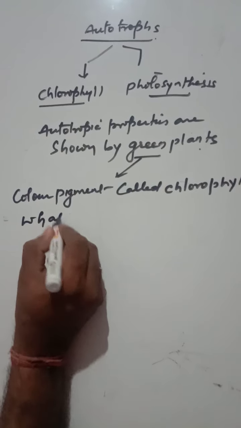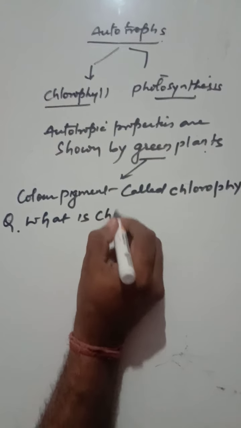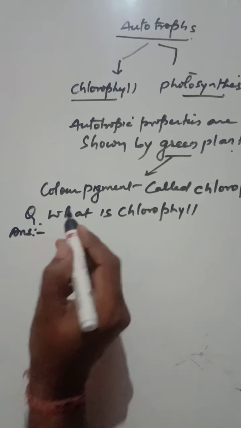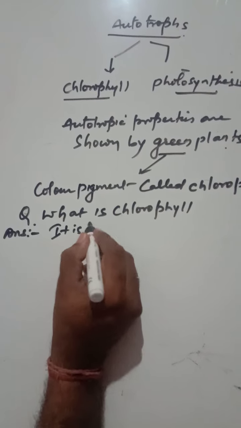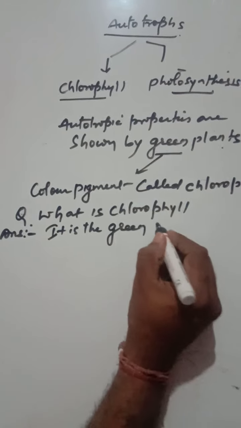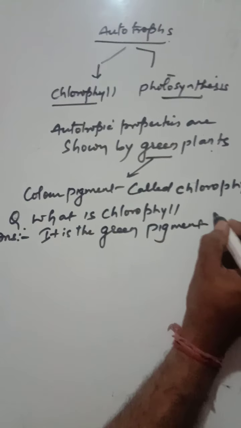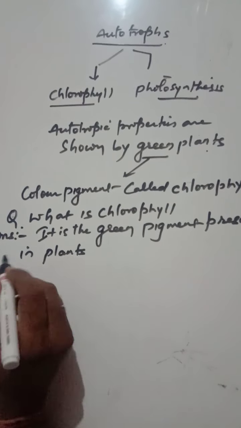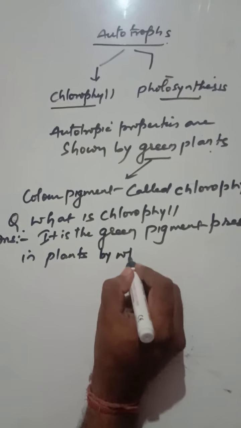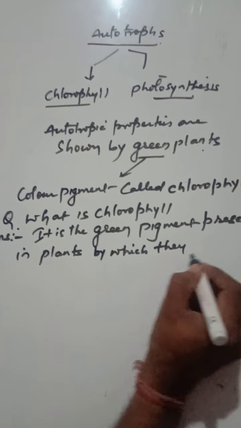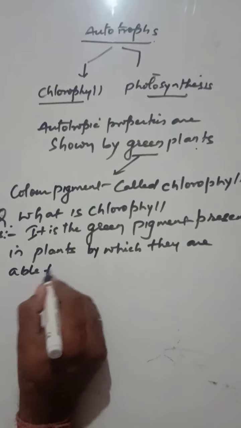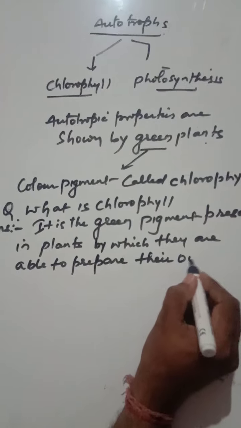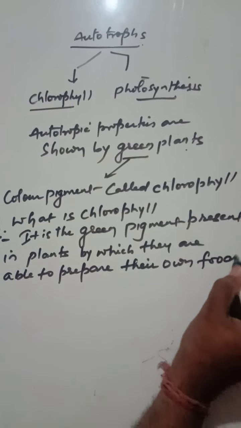So what is chlorophyll? The question should be there. What is chlorophyll? It is the green pigment present in green plants by which they are able to prepare their own food by the help of sunlight.